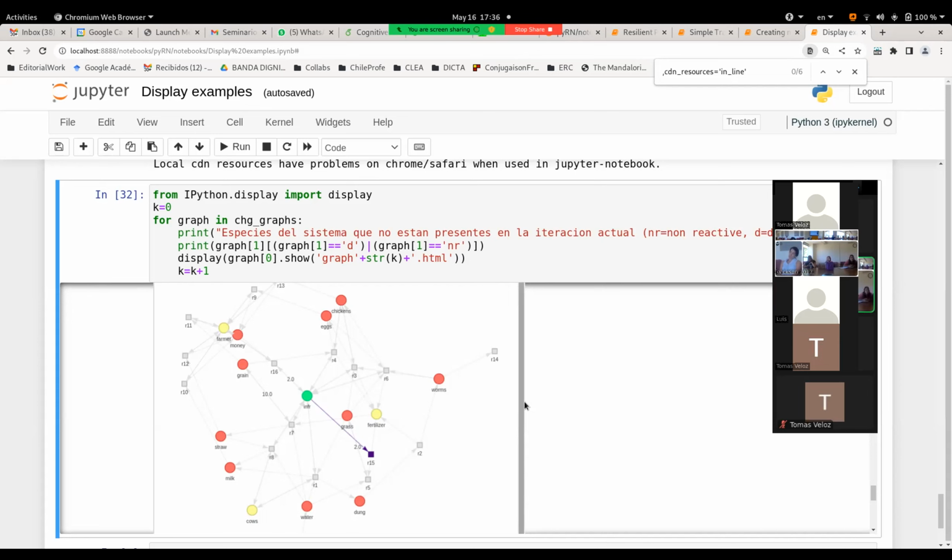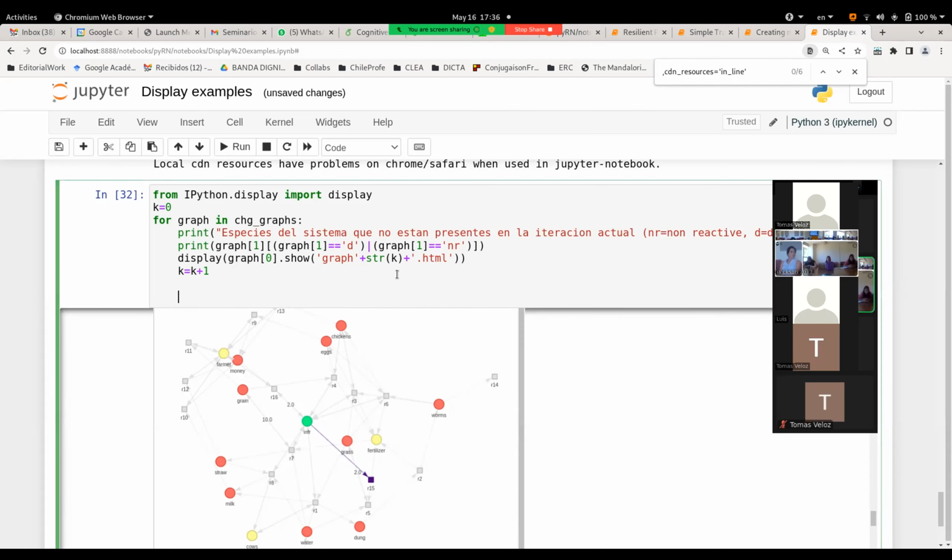For example, if we have S plus A goes to 2A, the vector explaining this reaction is going to be -1, 1, because S is damaged and A is benefited.